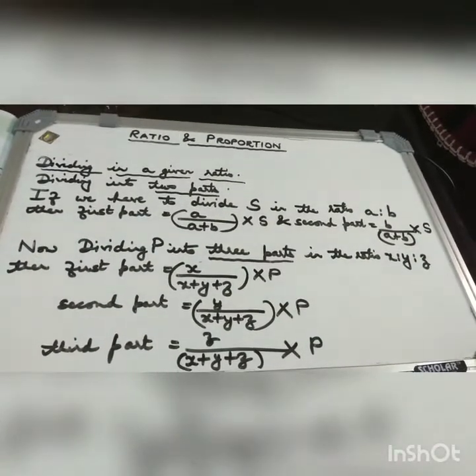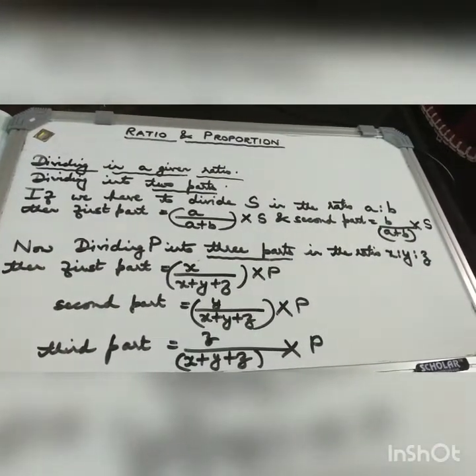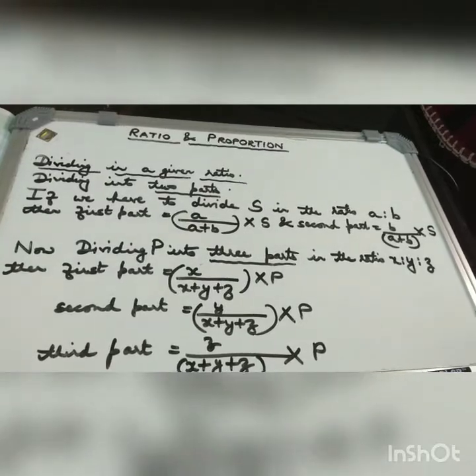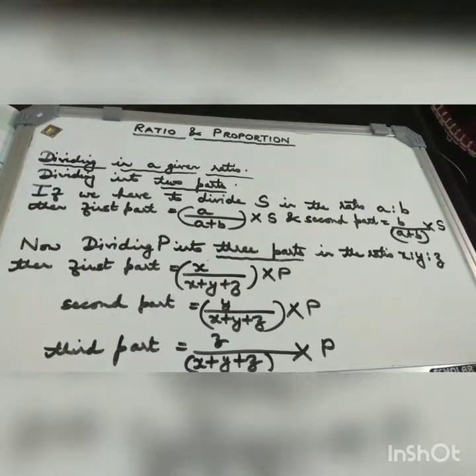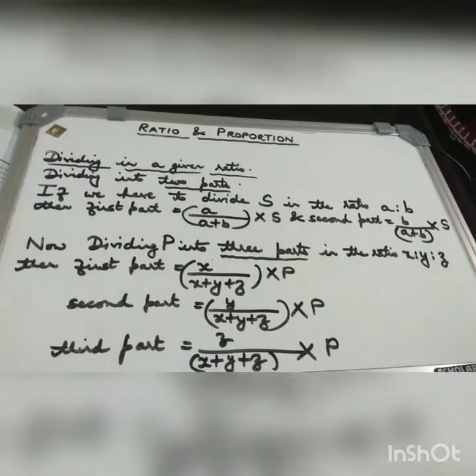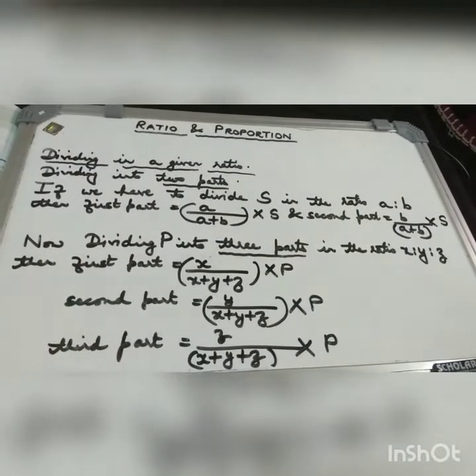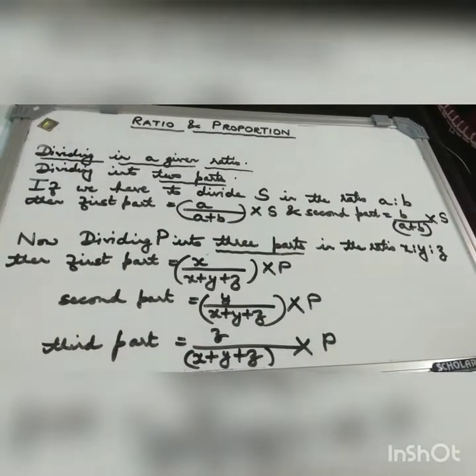Now, the same method could be extended to three ratios or three parts. Now, dividing P, suppose, into three parts in the ratio x is to y is to z.